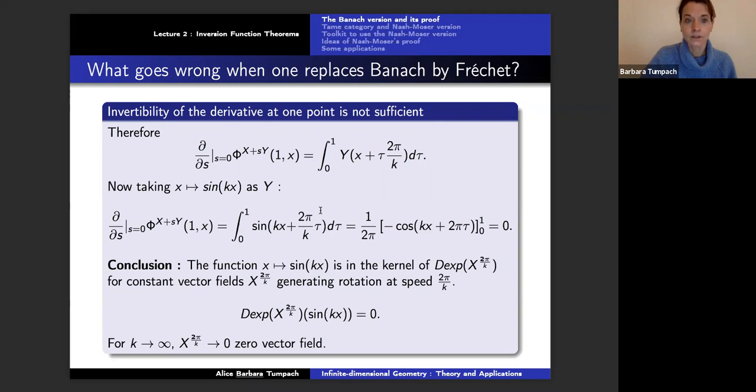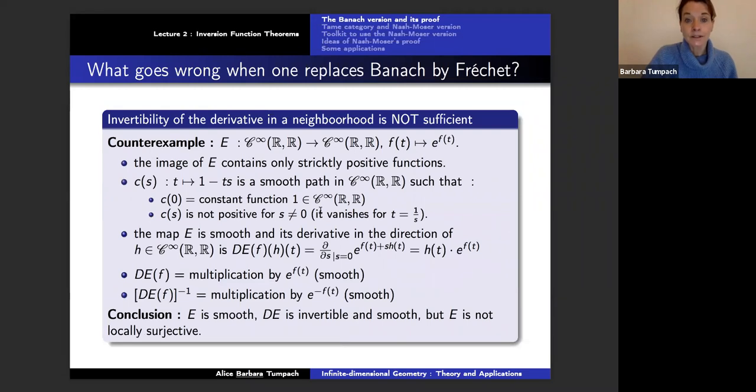So this contradicts the inverse function theorem in the Fréchet context. Moreover, it is not even sufficient that the derivative is invertible in a neighborhood; this will not be sufficient either.